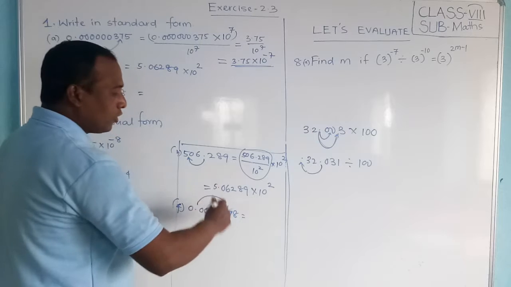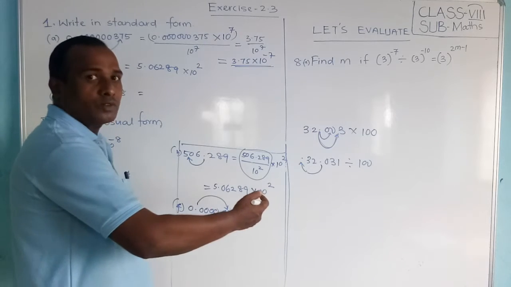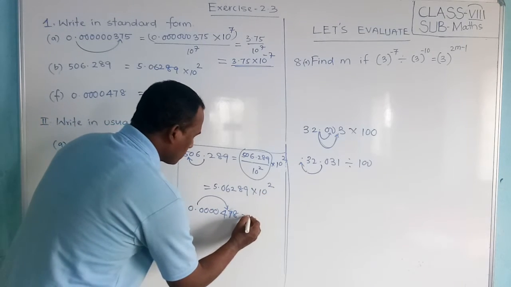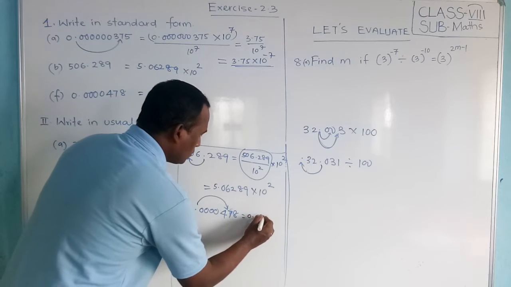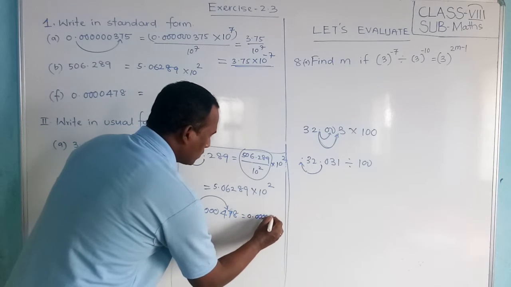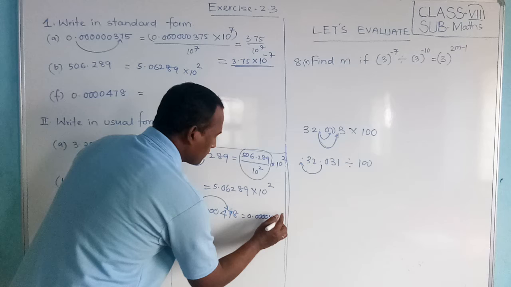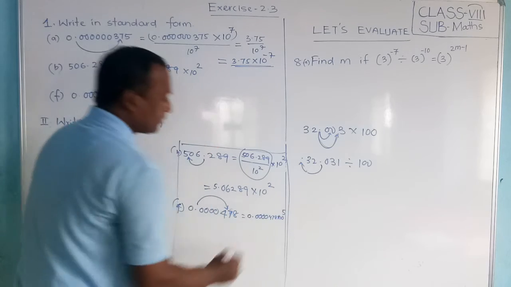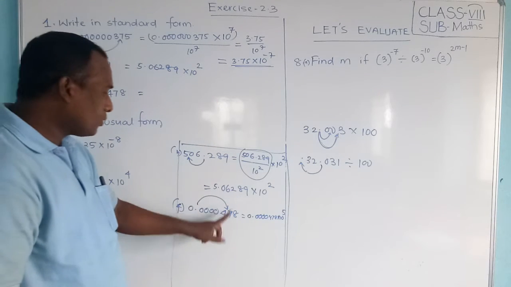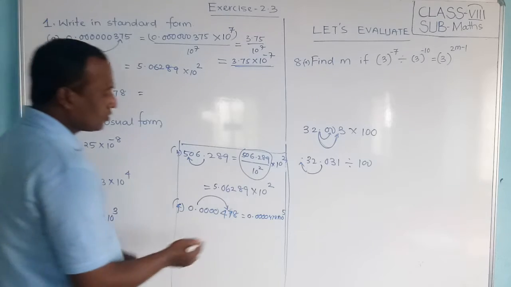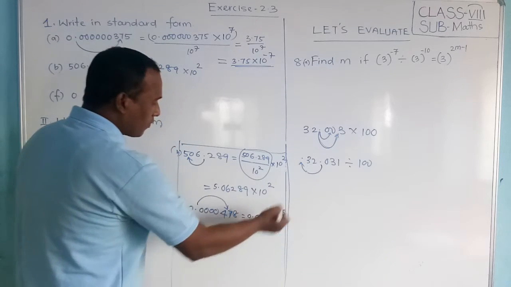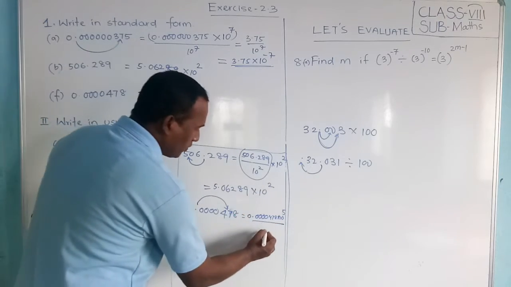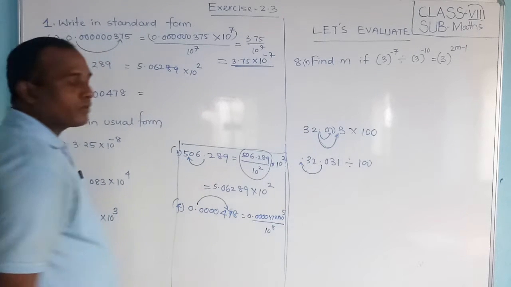If it goes to the right side, you have to multiply. So 0.0000478 into 10 power 5. Because it is shifting to the right side 5 places, we have to multiply by 10 power 5. Whenever you multiply by 10 power 5, you must divide by 10 power 5.